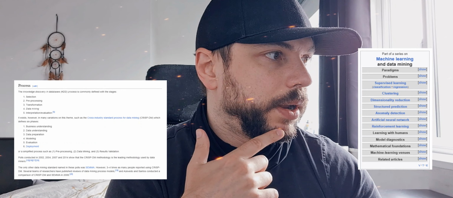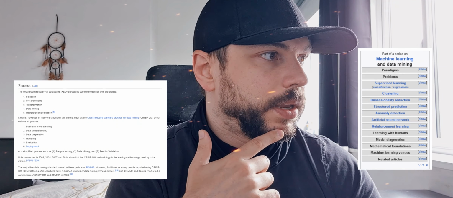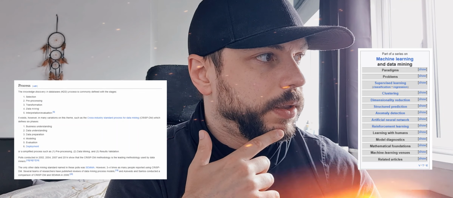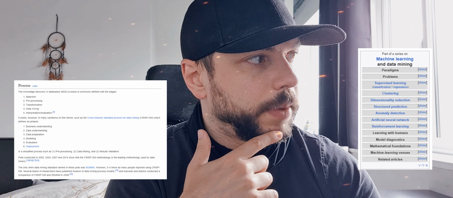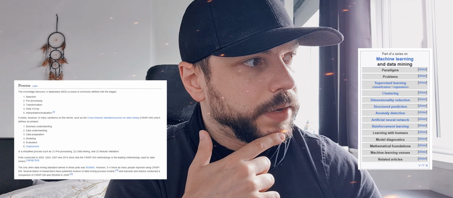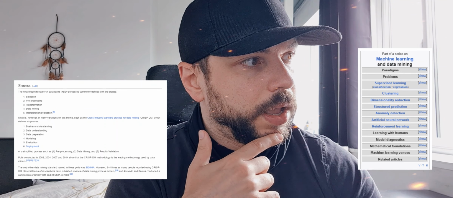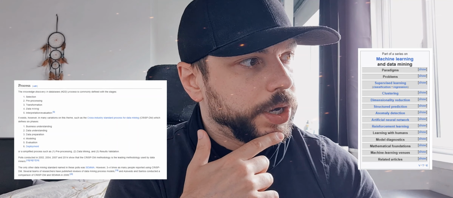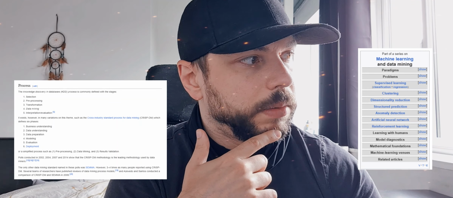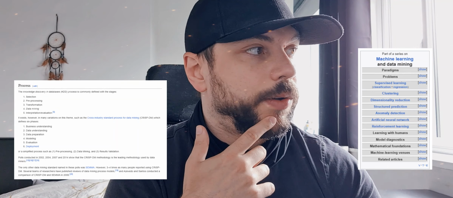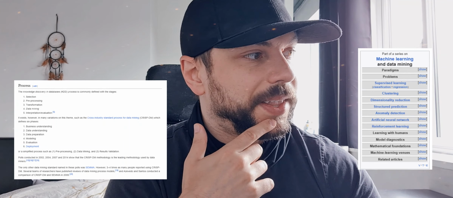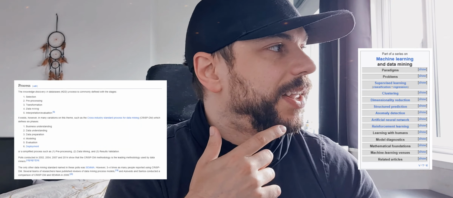There exist many variations of the theme, such as the Cross-Industry Standard Process for Data Mining, which identifies 6 phases: business understanding, data understanding, data preparation, modeling, evaluation, and deployment. I find it interesting. I can see so many opportunities within this kind of area.